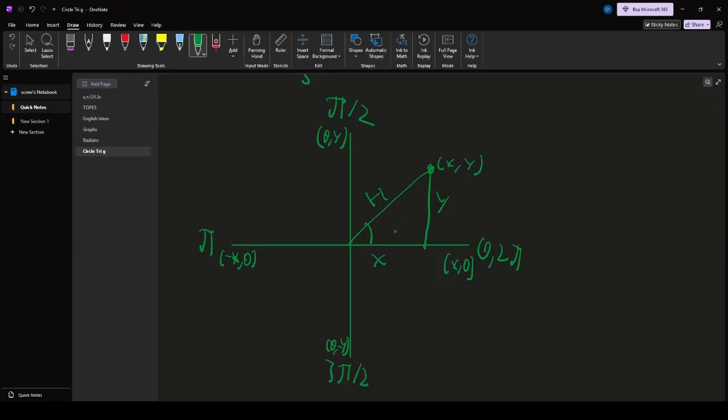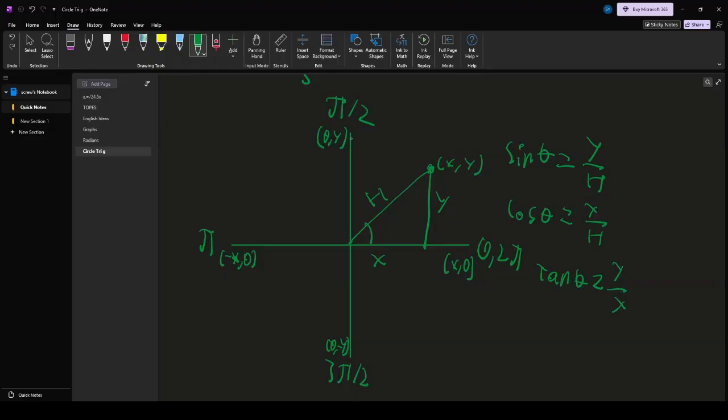When you take sine, you'll be doing y, like sine theta equals y over h, cos theta equals x over h, and then tan theta equals y over x.